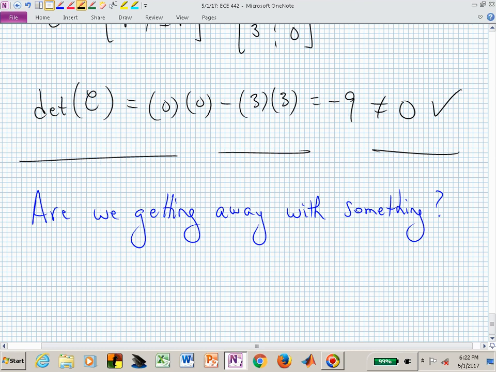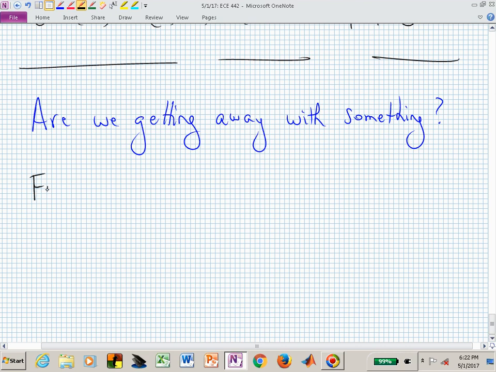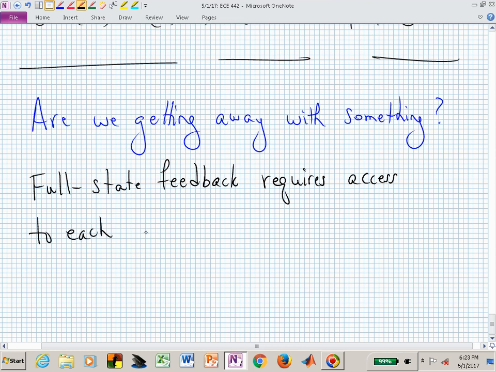So full state feedback requires access to each component of the state vector.